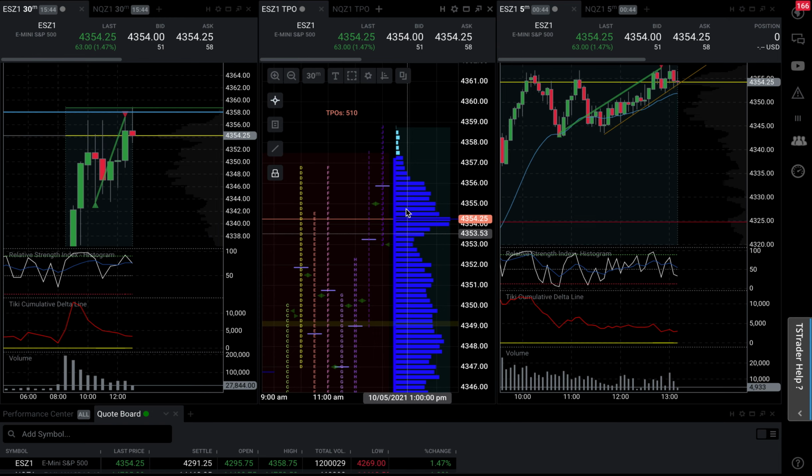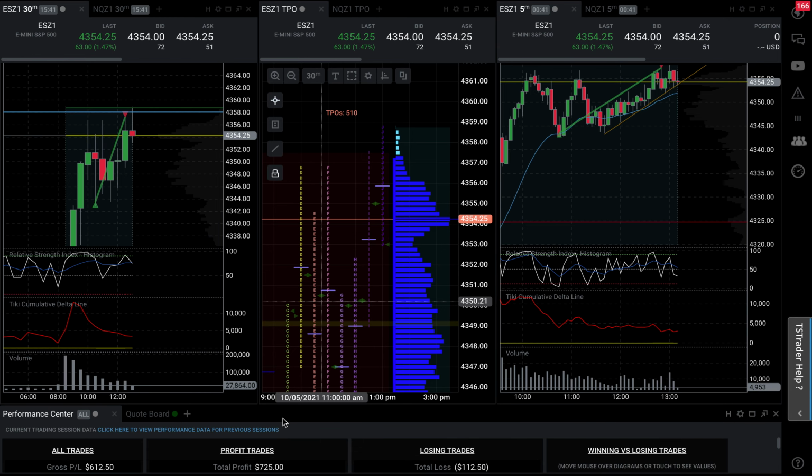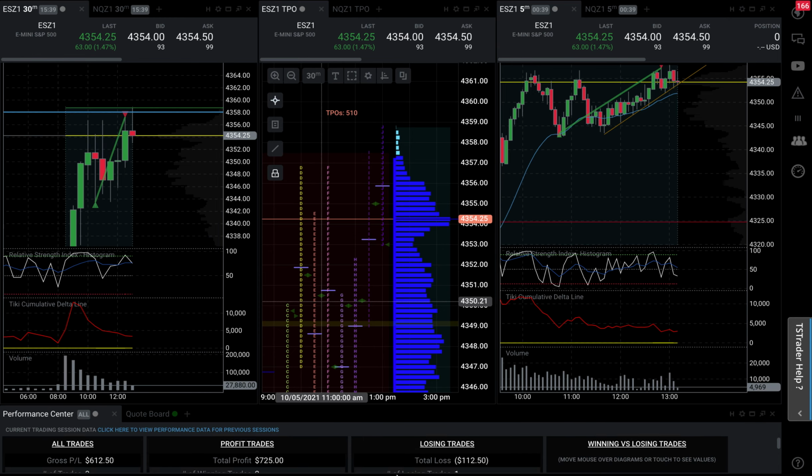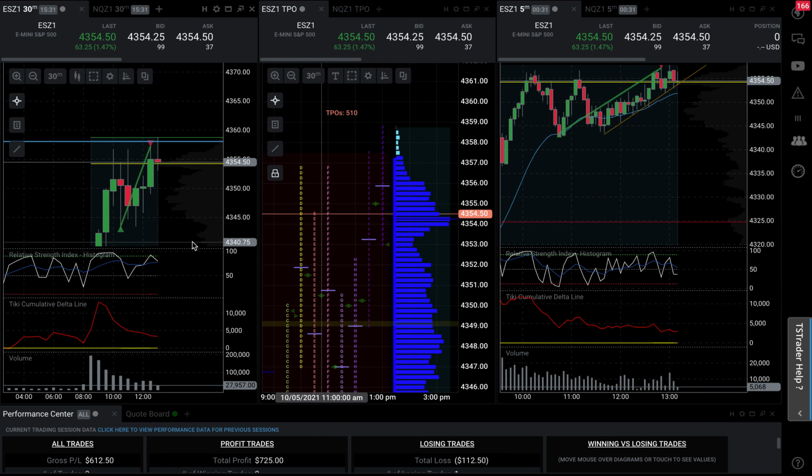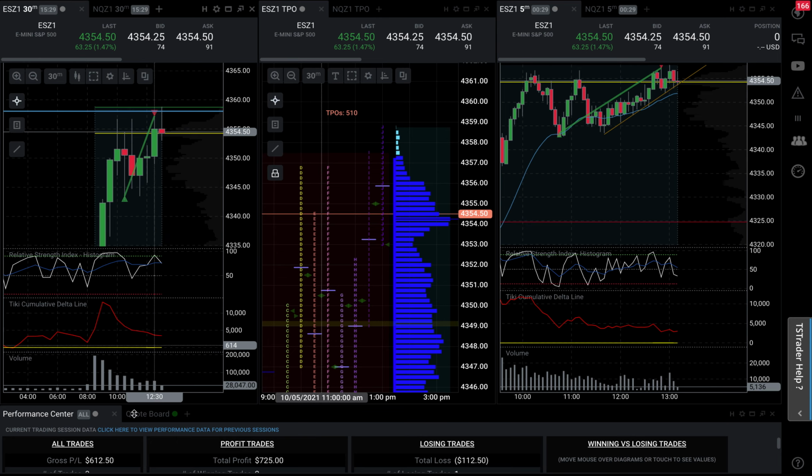So that's what I did with the second trade, and that trade was a pretty decent trade. It made 725. Had made a mess up of 112. So ultimately it would be 612.